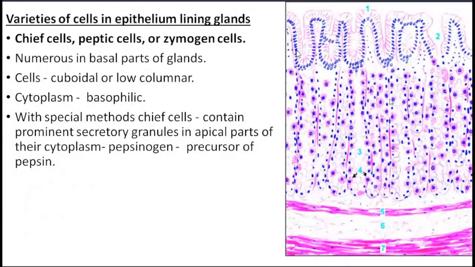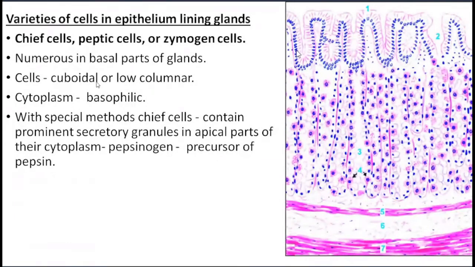These are numerous in the basal part of the gland. Here the cells are mostly cuboidal to low columnar; that is the shape and size of the cell.